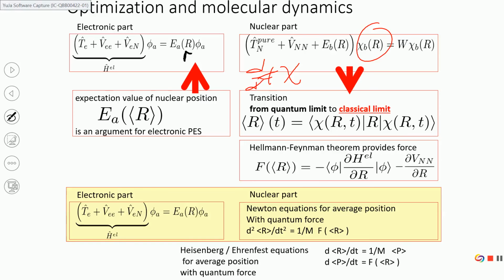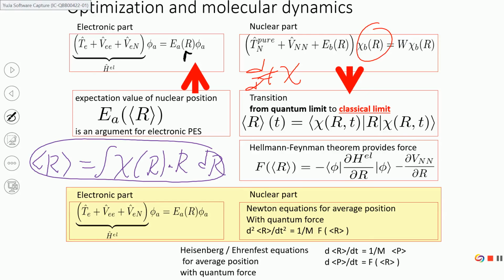Let me quickly write down, because of the question: R equals integral chi of R times R dR. So it is the same as written here. It is what is used here. It is what is used there.